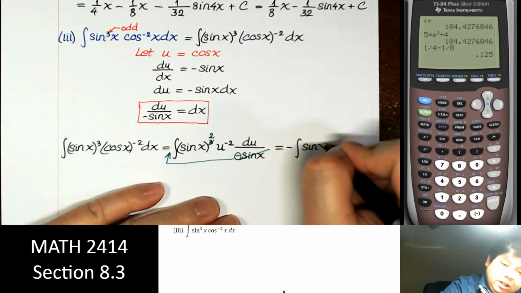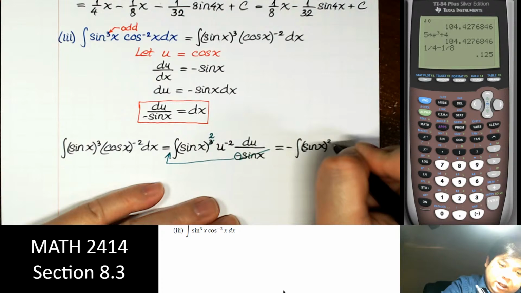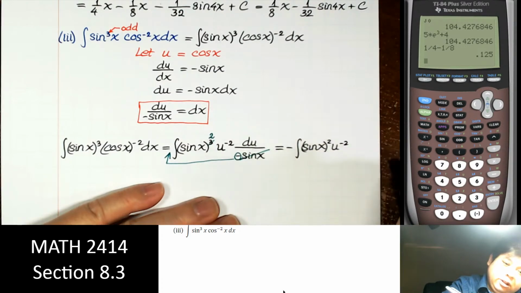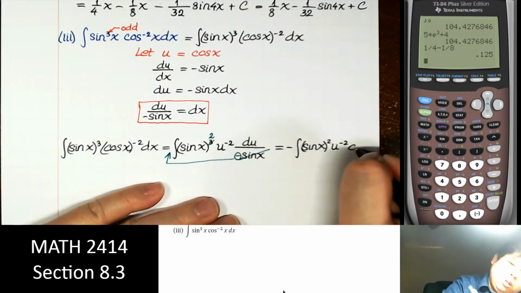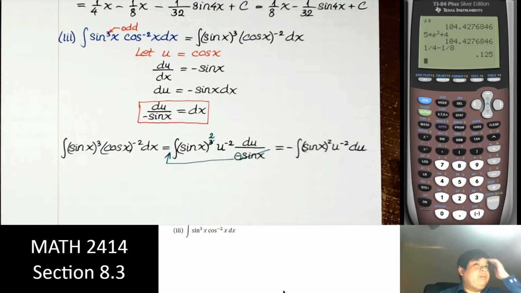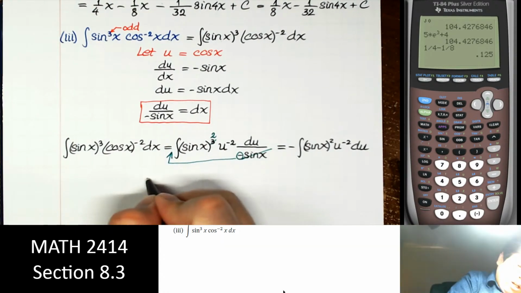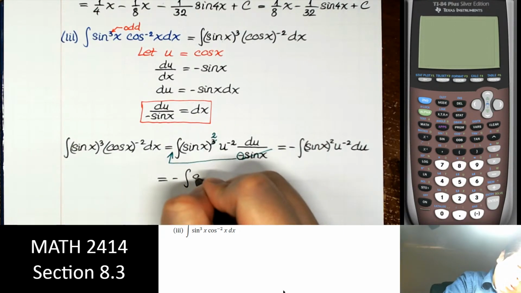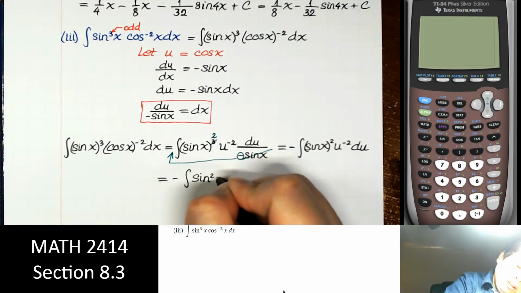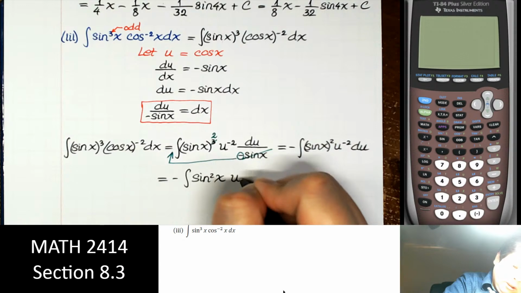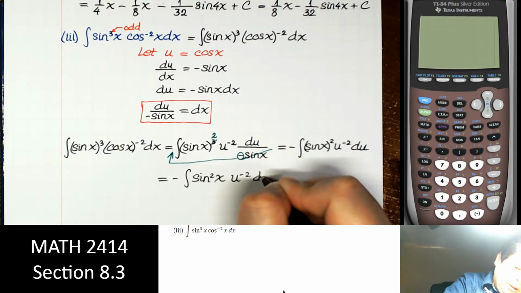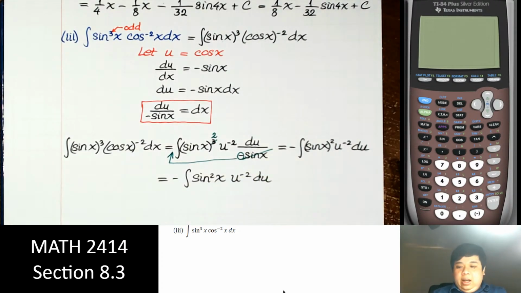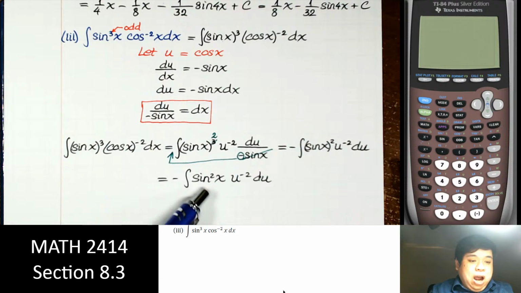And then we have sine x squared, u to negative 2 and just du. Which let me rewrite as negative sine squared. Right, so it's good if somehow we can write this sine squared in terms of u.